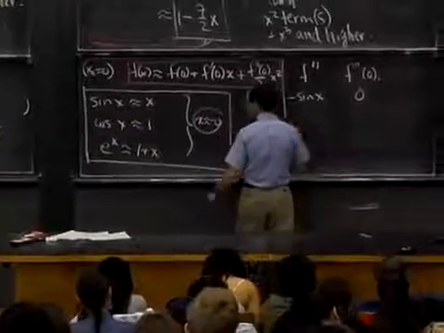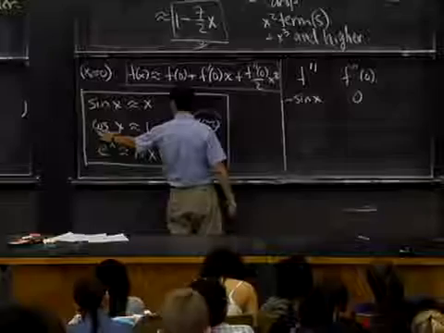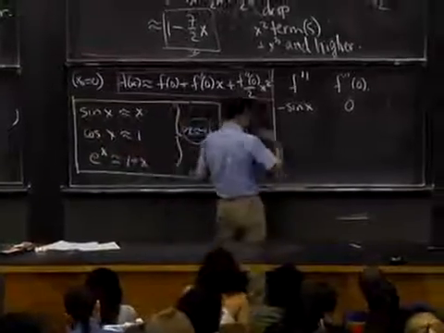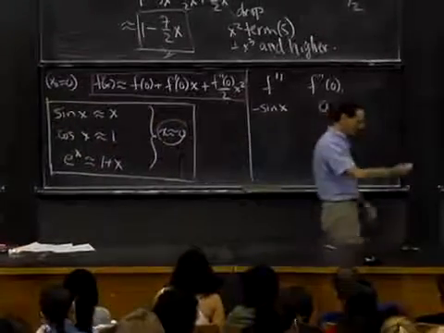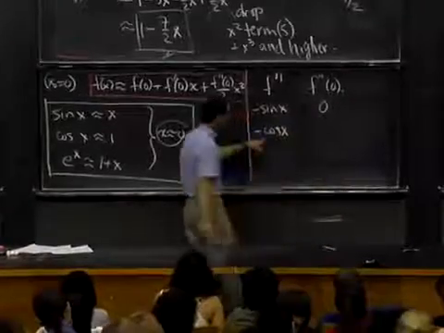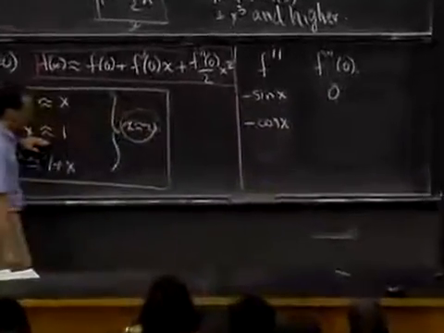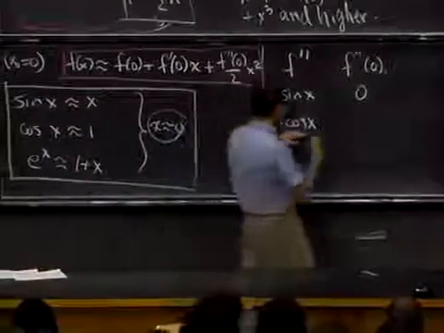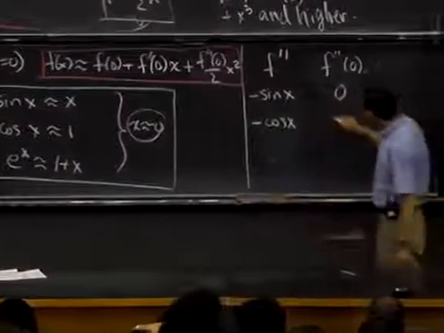For the cosine function, if you differentiate twice, the first derivative is minus the sine, and the derivative of that is minus the cosine. All right, so that's f double prime. And now, if I evaluate that at 0, I get -1.